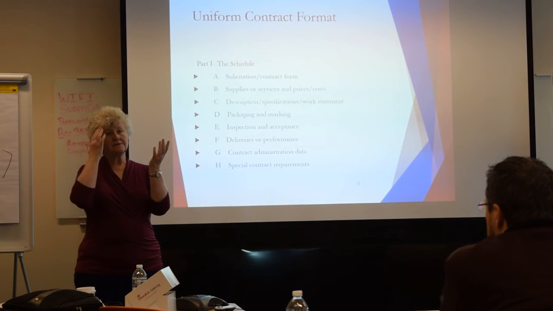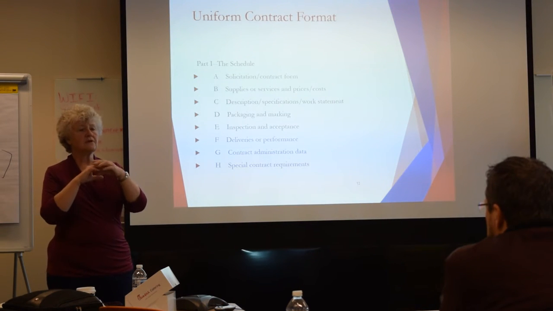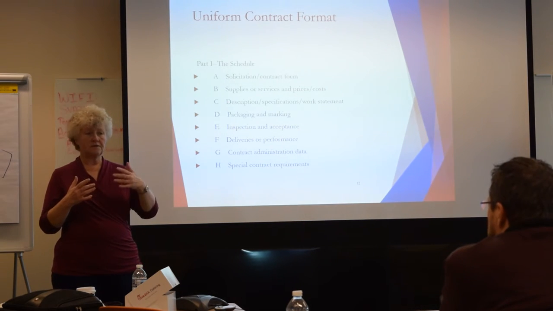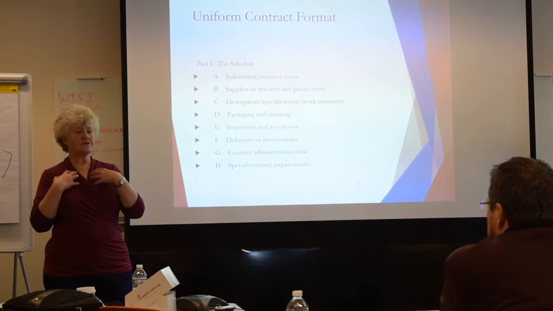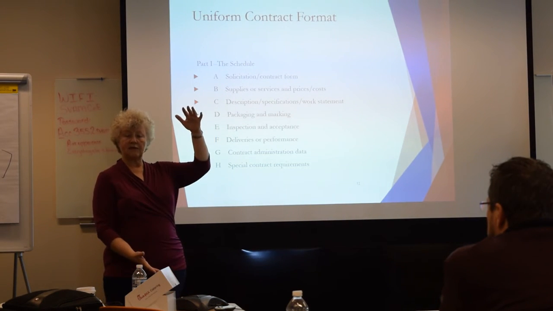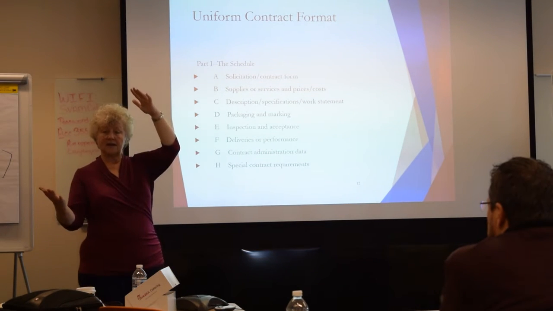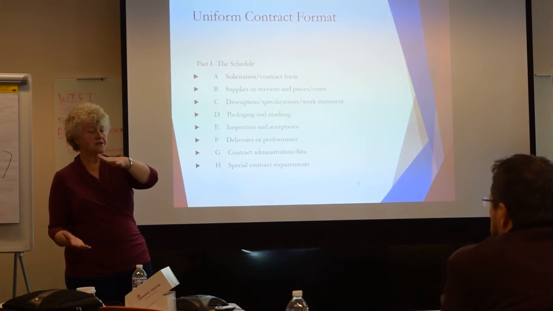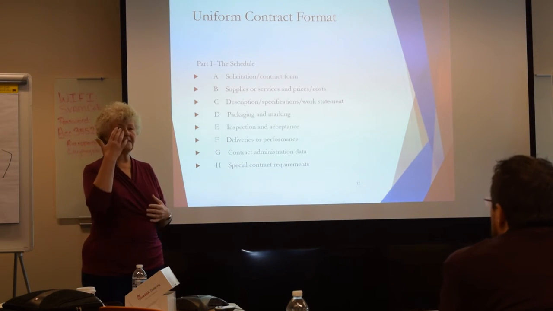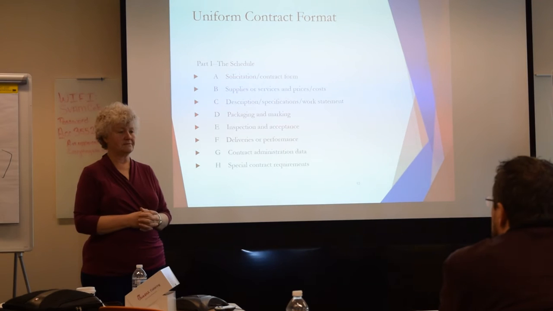Because when the government was doing developmental stuff, where they would say, we're so special, we're unique, we're going to come up with all these crazy requirements, and the prices ended up skyrocketing, the government made a shift to commercial items. So they're trying to buy things in the manner that you sell them.